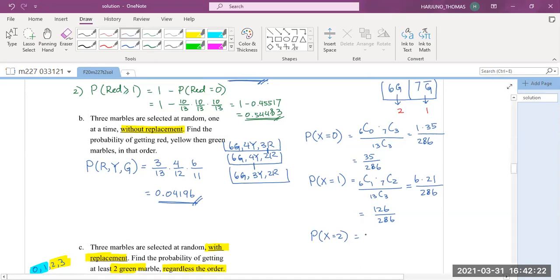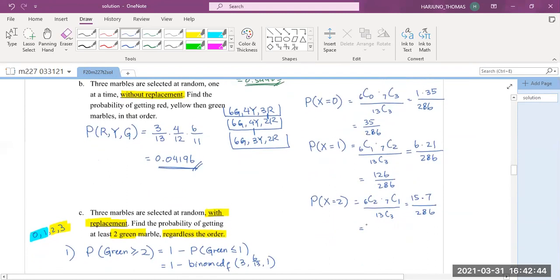I get 6 choose 2 times 7 choose 1 over 13 choose 3. 6 choose 2 will be 15. 7 choose 1 is 7 over 286. So the top will be 105 over 286.